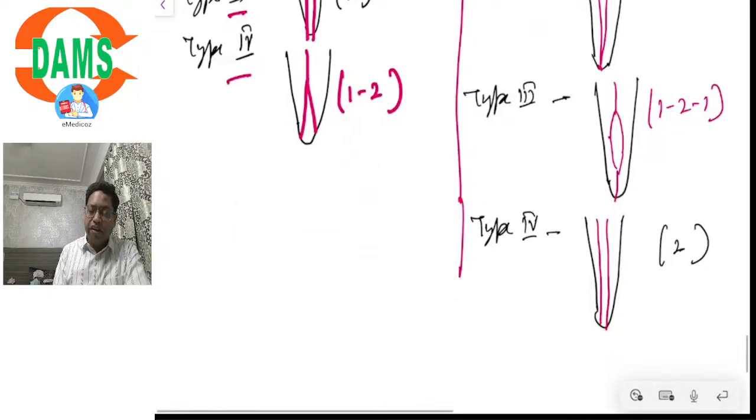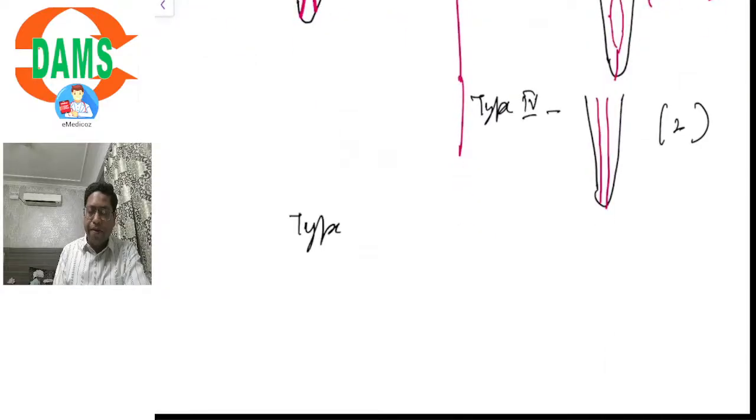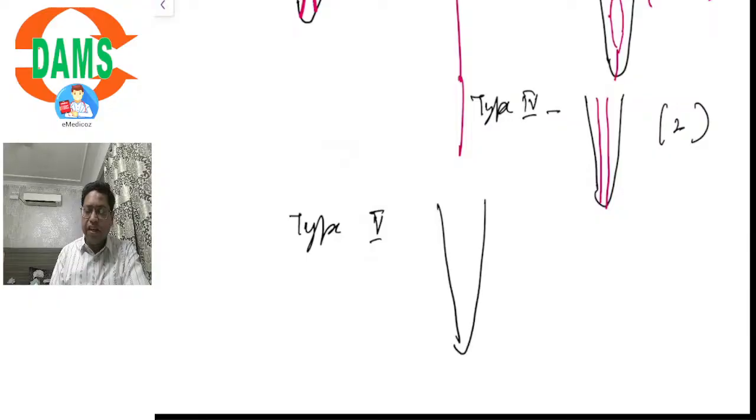Type 5 is a 1-2 canal configuration. A single orifice, a single canal originates, it divides into two and exits as two.